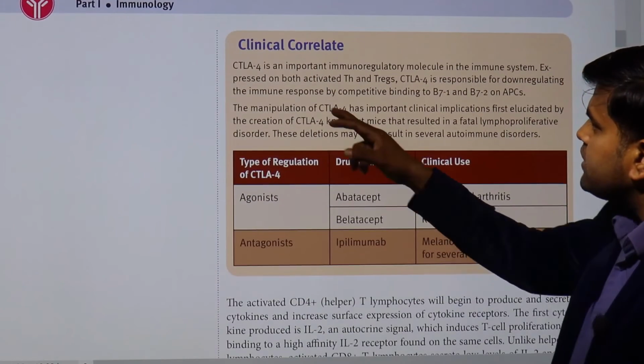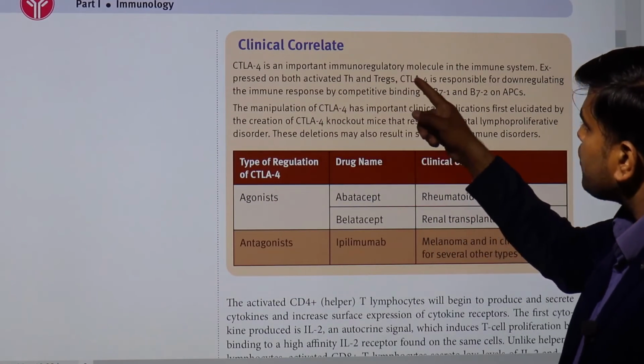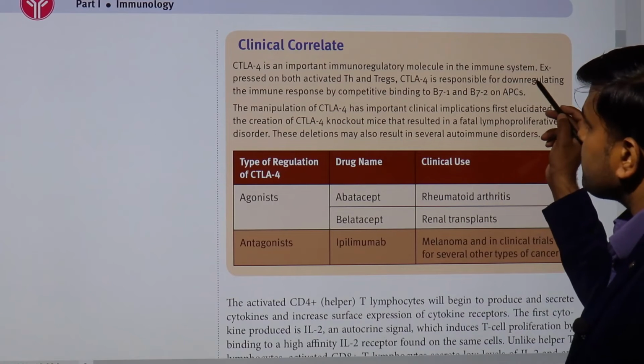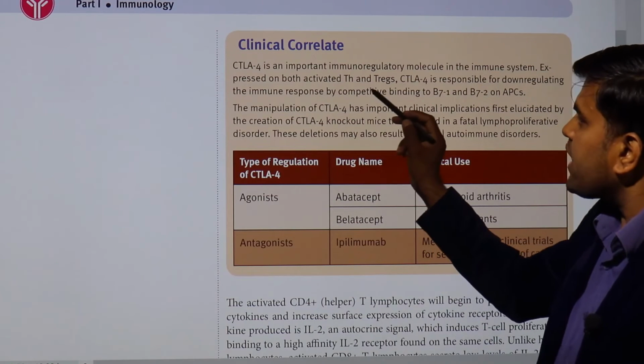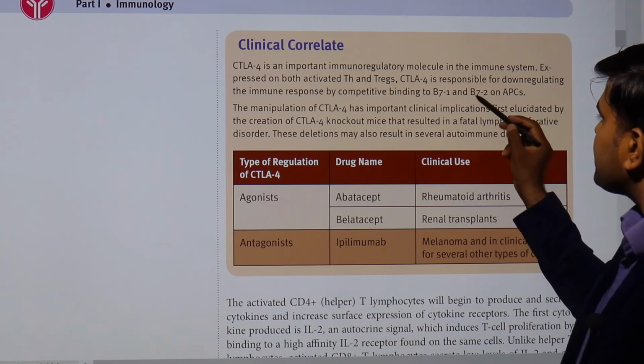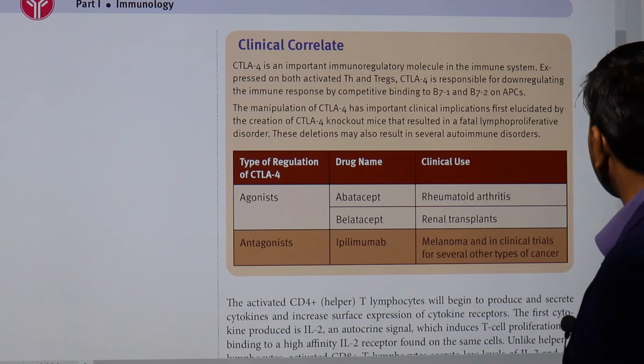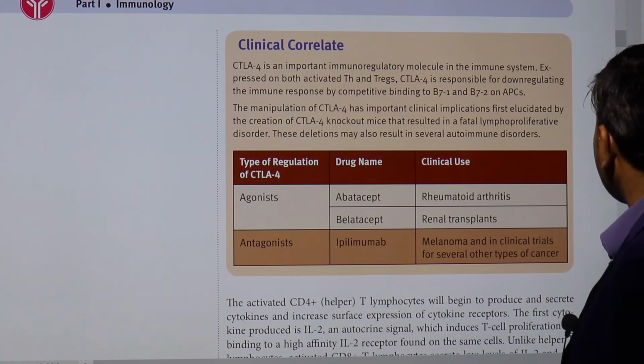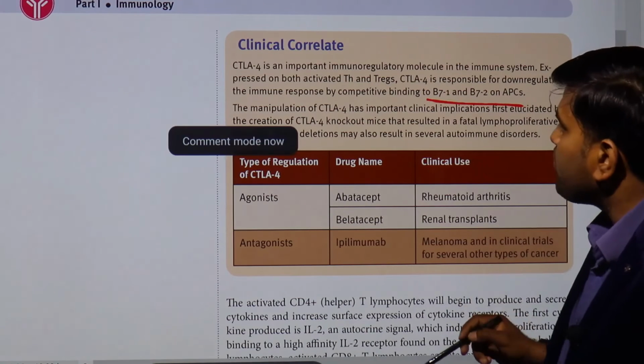Clinical correlation: CTLA4 is an important immunoregulatory molecule in the immune system, expressed on both activated T cells and Treg cells. CTLA4 is responsible for down-regulating the immune response by competing with the B7 molecule on the APC.